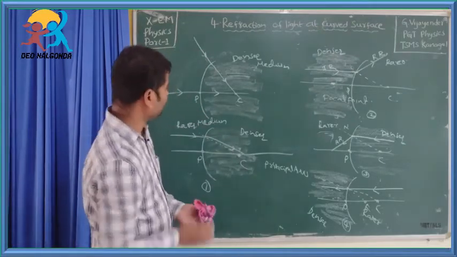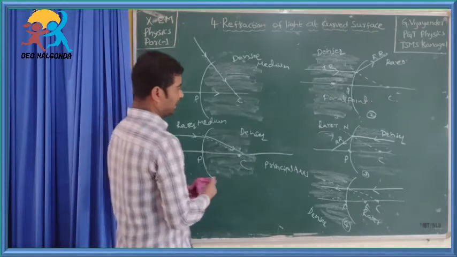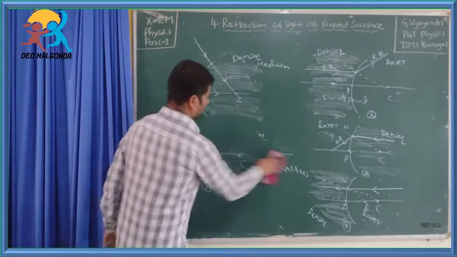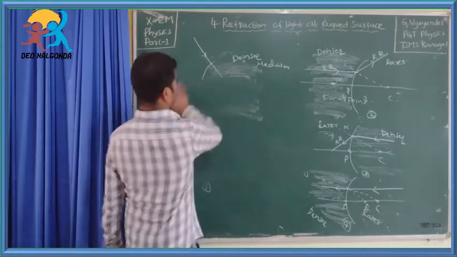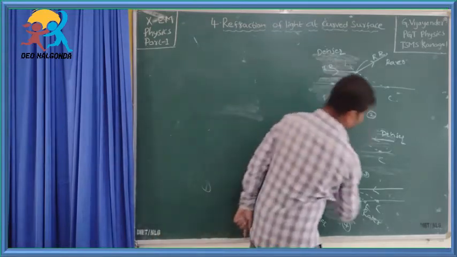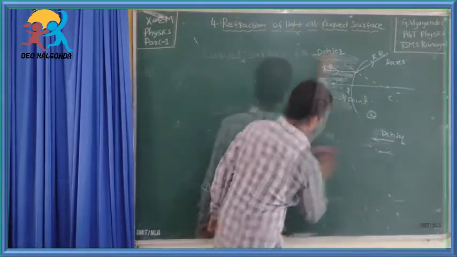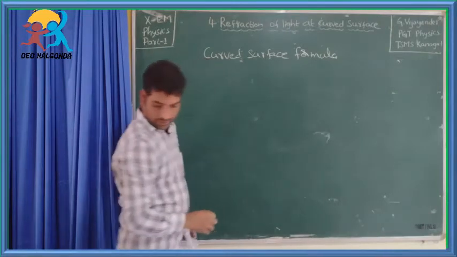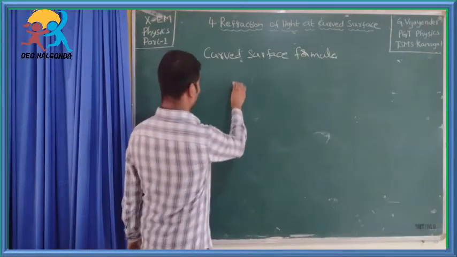Now, we see the relation between the radius of curvature and refractive index of the two different media, or the curved surface formula. Let us consider the curved surface.